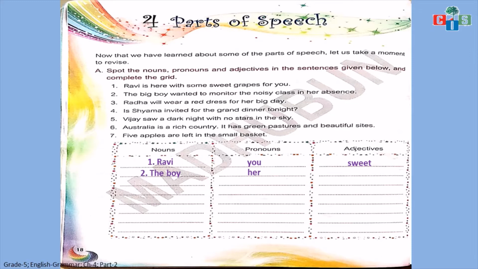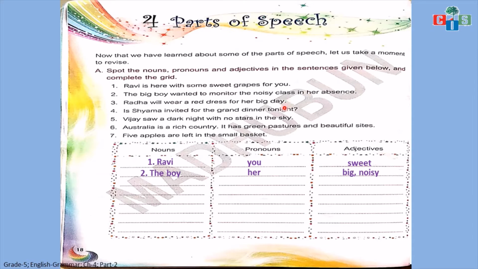And which one is the adjective? I told you: big and noisy. Big and noisy are working here as adjectives. Why? Because how is the class? The class is noisy.